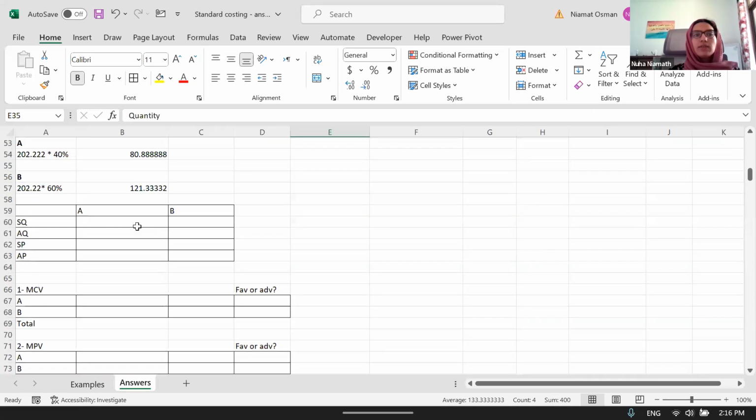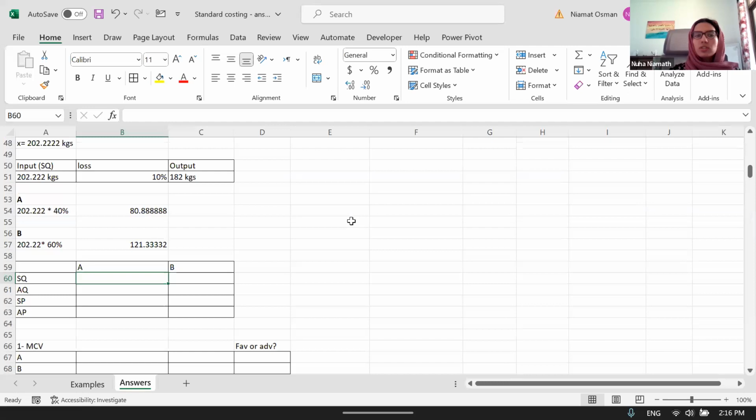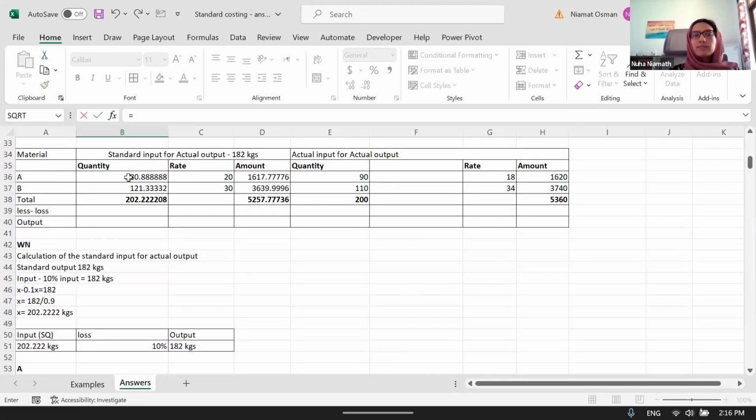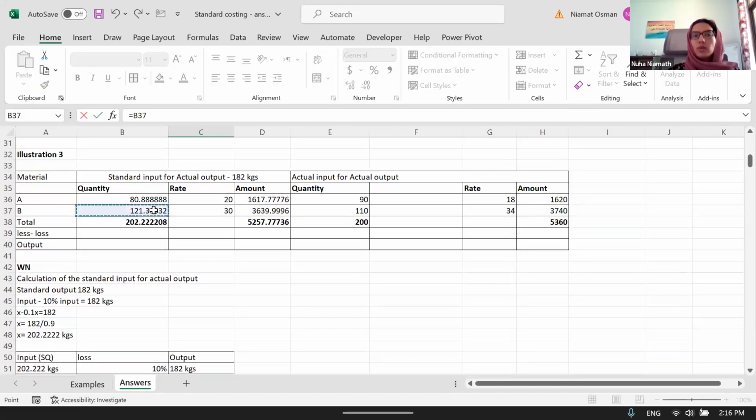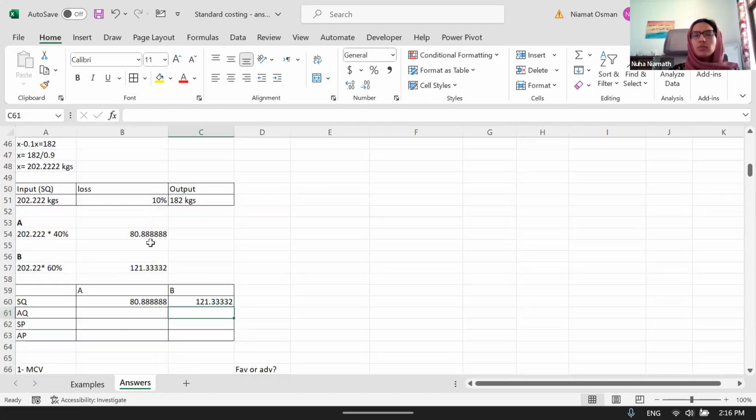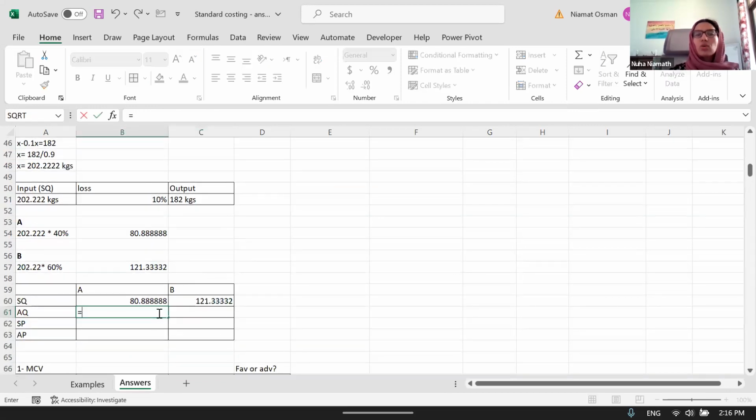So here for A and B, I have created just a small table. For A, the standard quantity is 80.8. For B, it is 121.332. This is just so that it's more clear because you're just starting off. In the exam, you don't have to do this.